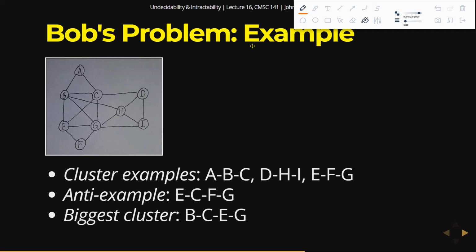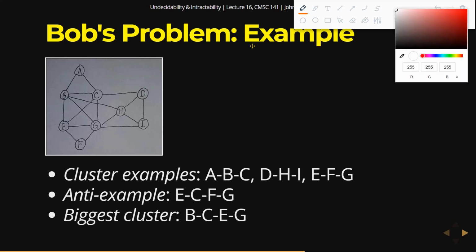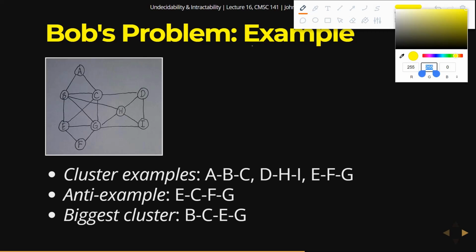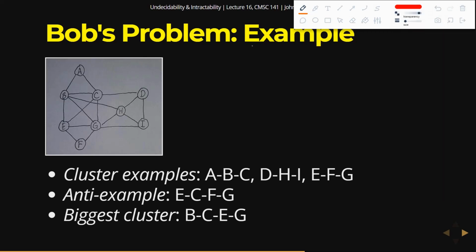So in this case, ECFG is not a cluster, because E is connected to C, F, and G, so it's connected to the other 3.